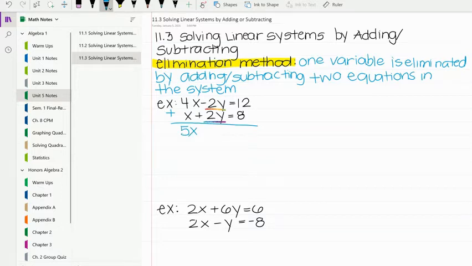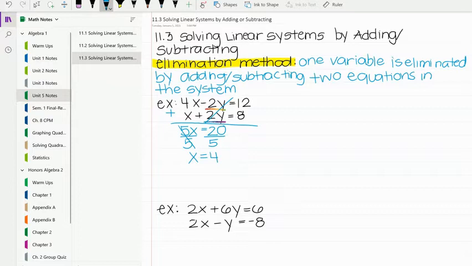Negative 2y plus positive 2y cancels. And then 12 plus 8 equals 20. So what happened was we just eliminated the y completely. Now we're just going to solve for x by dividing by 5. The 5's cancel, and you just get x equals 4.